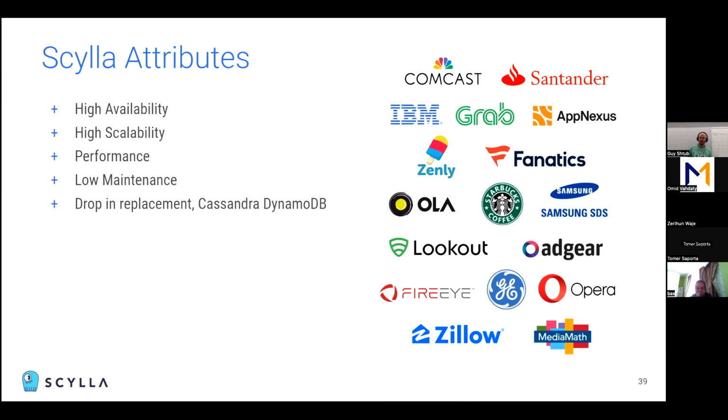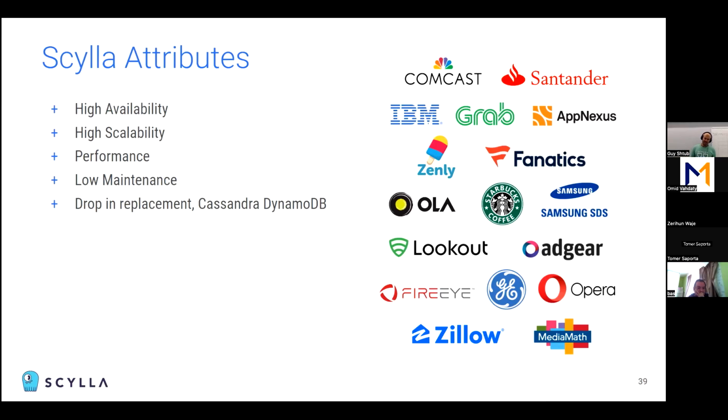Performance, I talked about that. High throughput, low latency, also very consistent. Low maintenance, so different auto-tuning capabilities. And it's a drop-in replacement for Apache Cassandra and DynamoDB, sorry.